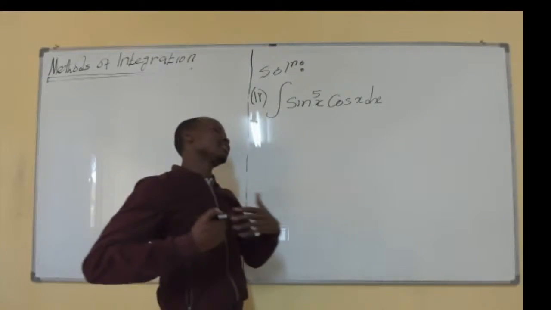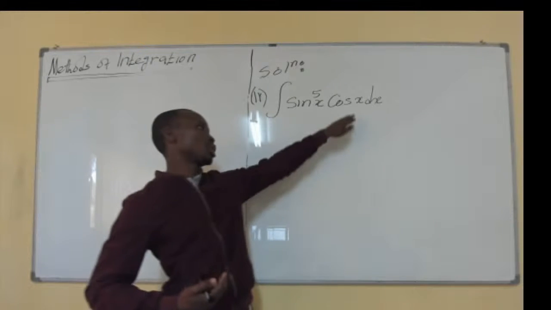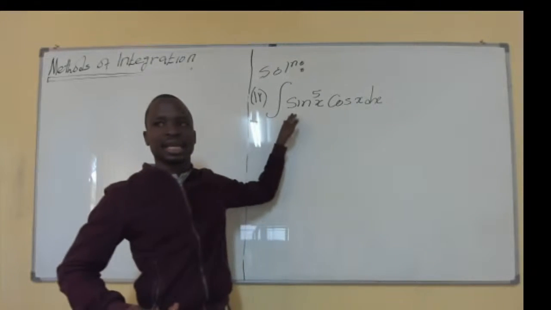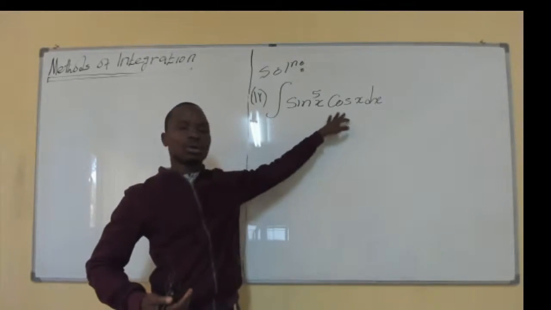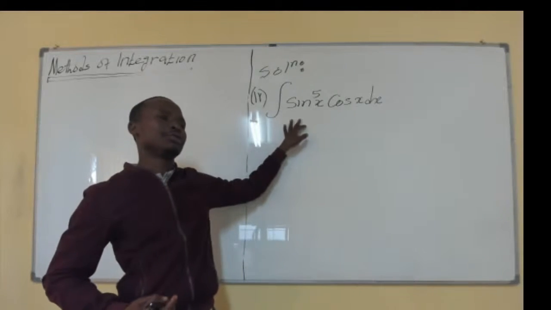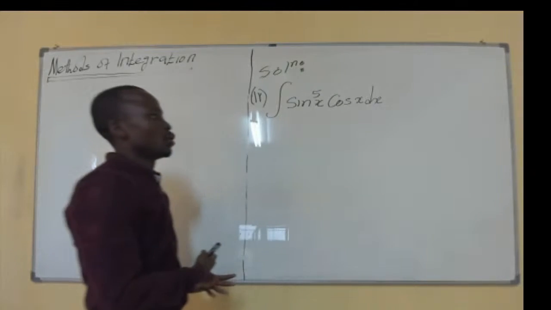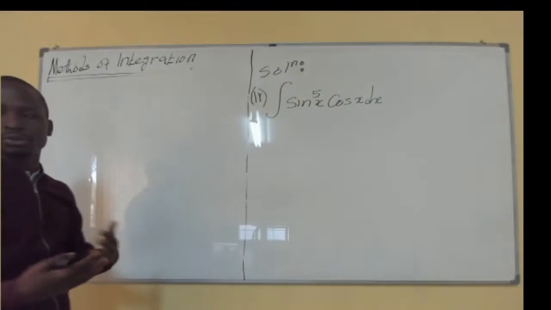That derivative, which is in the denominator, should at least cancel with something here, or if it doesn't cancel, it should at least give you a bigger picture that this is going to reduce to something simpler.